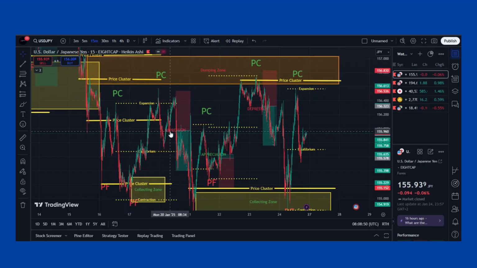So the next thing we're waiting for is a depreciation level to be formed. Then we enter, as you can see, above the equilibrium level, which is the expansion zone.